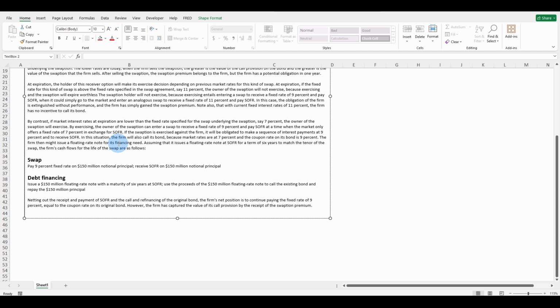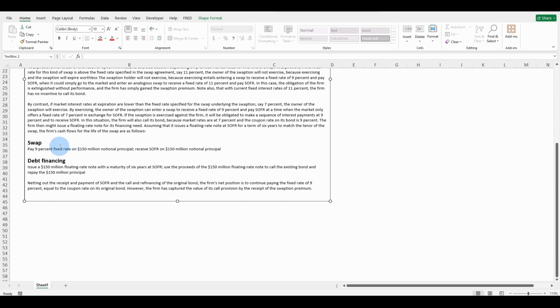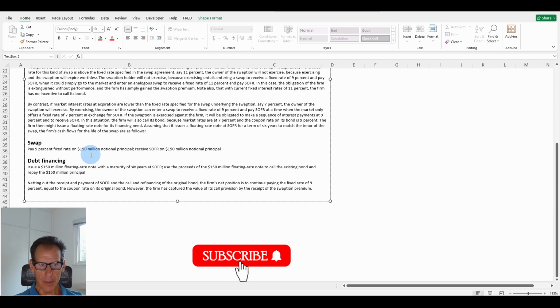Assuming that it issues a floating rate note at SOFR for a term of 6 years to match the tenure of the swap, the firm's cash flows for the life of the swap are as follows. Swap: pay 9% fixed rate on 150 million notional principal, receive SOFR on 150 million notional. Debt financing: issue 150 million floating notes with a maturity of 6 years at SOFR.